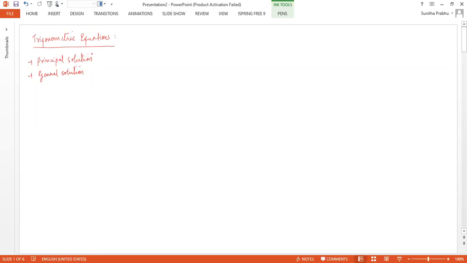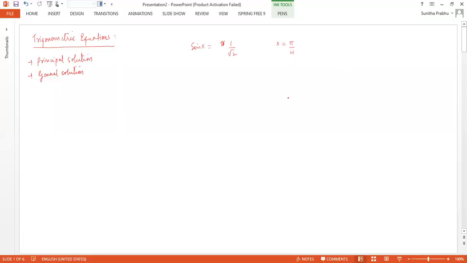So let's go step by step. If we take a simple case, for example, I say, boss, sin x is equal to some value. Let's take 1 by root 2. What can you tell me? x is 45 degrees or pi by 4.